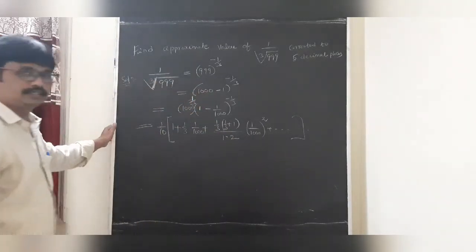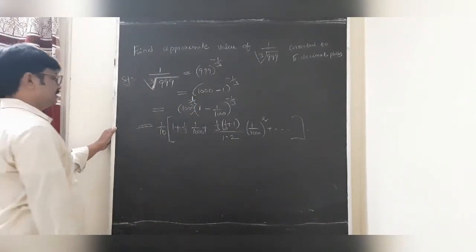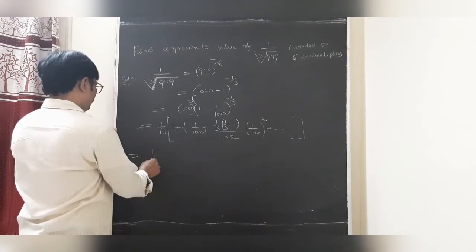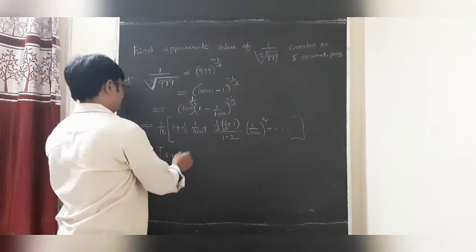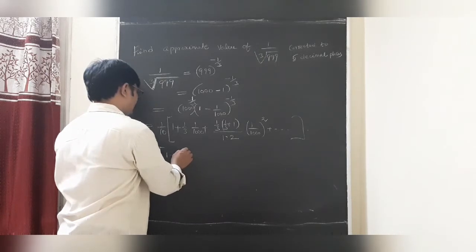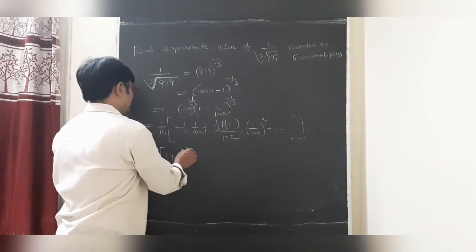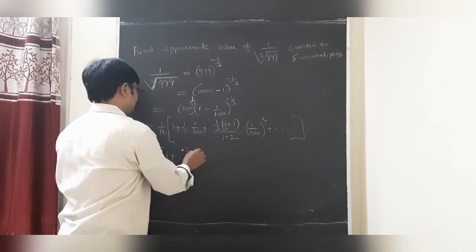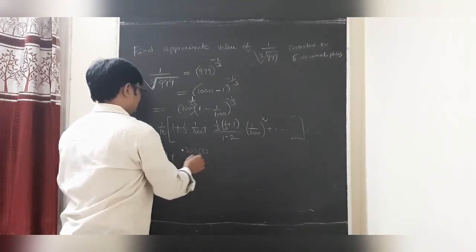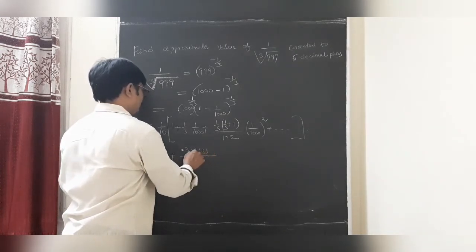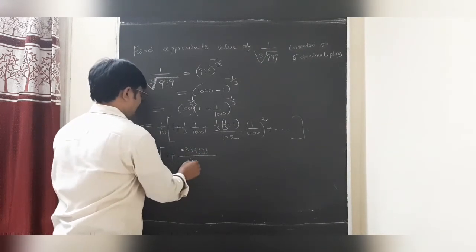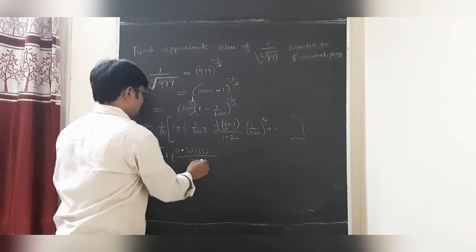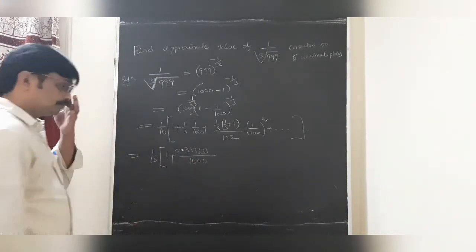Is it clear, students? Now this is the 1 by 10. After that, 1 plus 1 by 3, students. First you can take point, that is 10. 3 3s are, and so on, 1 2 3 4 5 6. So dear students, we are taking this 1000.